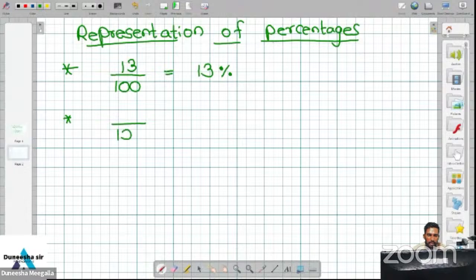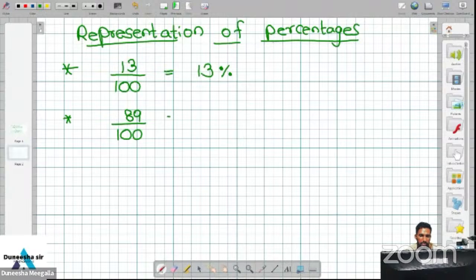If I shade 89 squares in my large square, what is the fraction? 89 over 100.